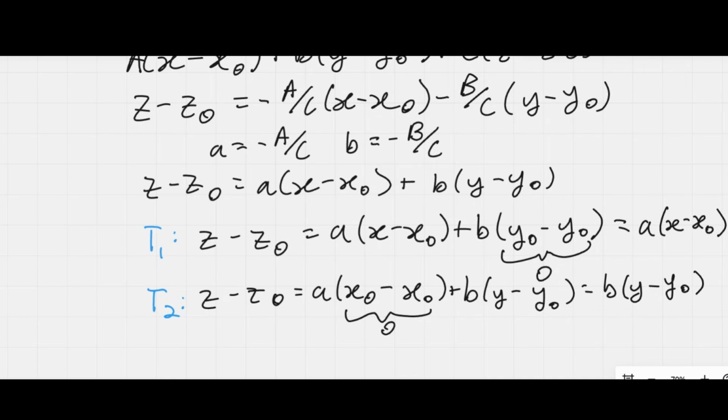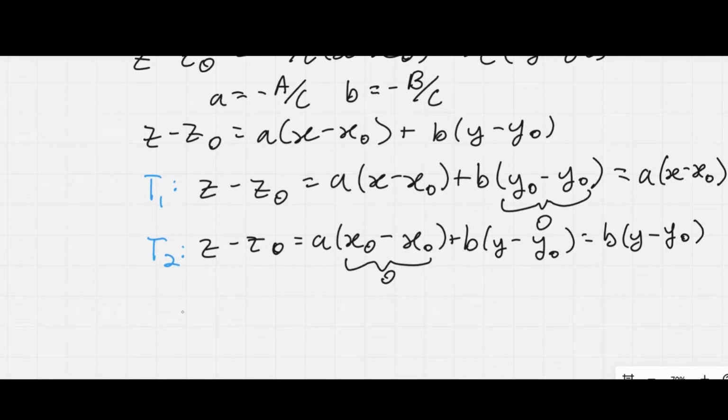This point slope form is something from Algebra 1 that we might remember. And so the key here that we really want to hone in on is what are these values of a and b? Well, we know from Algebra 1 that a and b are essentially the slopes of the respective lines t1 and t2. Well, we know what the slopes of t1 and t2 are. They are essentially the partial derivatives with respect to both x and y respectively.